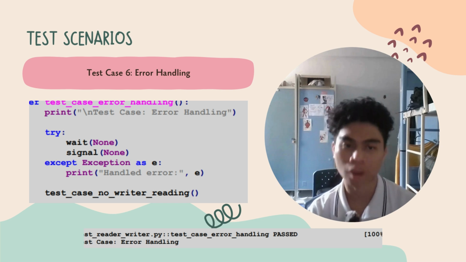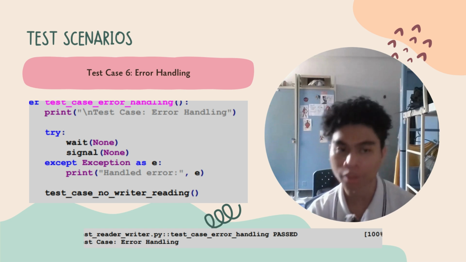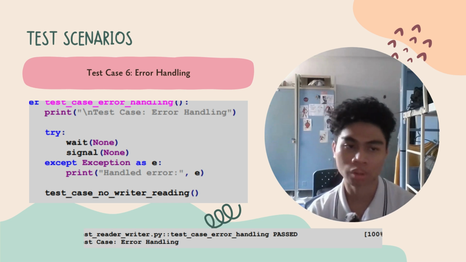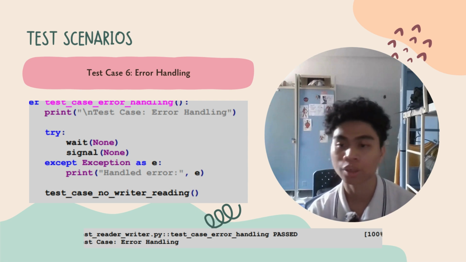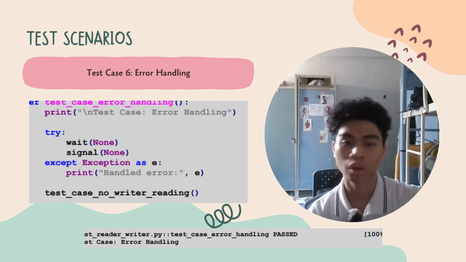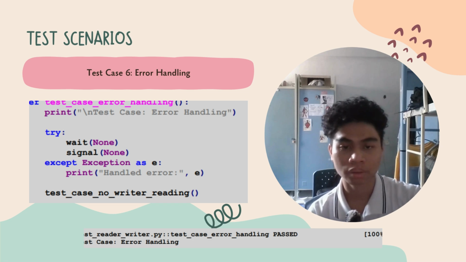By running these test scenarios, we can ensure that our solution to the reader-writer problem works correctly and meets all the requirements. It's important to thoroughly test our code to catch any potential issues before deploying it in real world scenarios. So let's see the code.